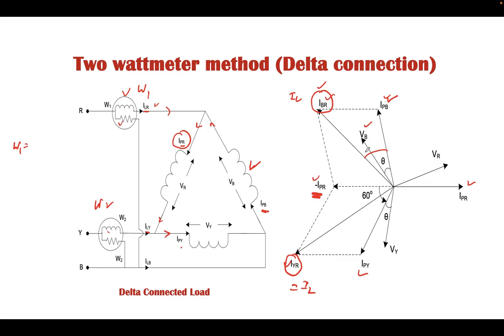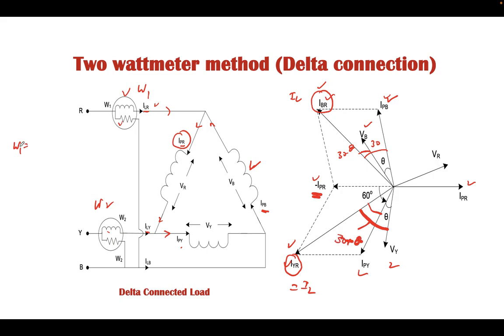This total angle is 30, and hence the angle between current and voltage will be 30 minus theta. In this case, this is the voltage in the Y phase, this is the current in the wattmeter, this angle is theta, this angle is 30 degrees, and hence the total angle is 30 plus theta.